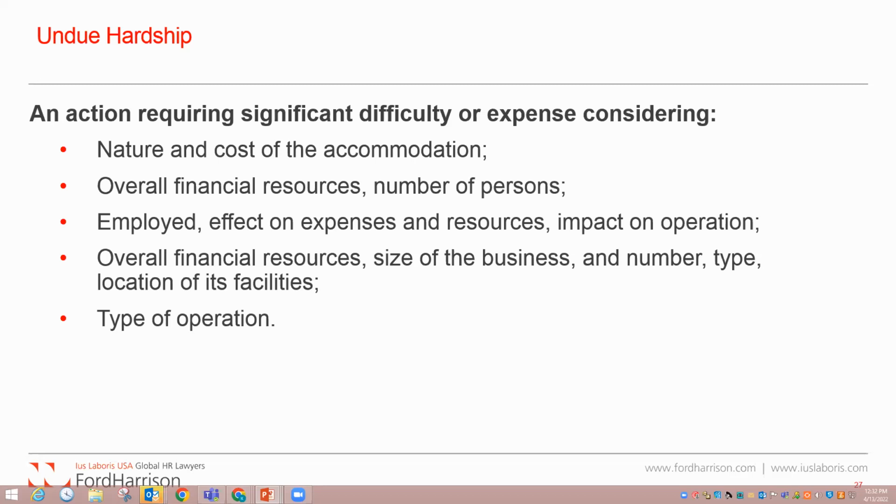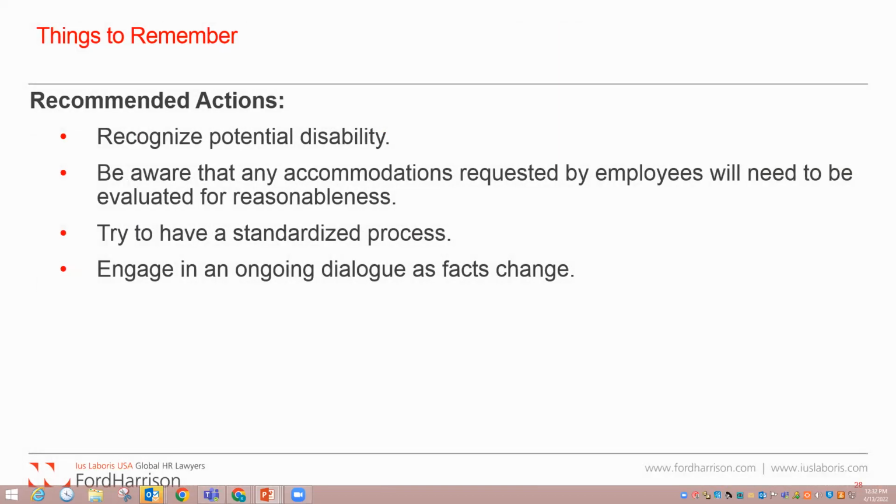So the last thing, the kind of things to remember: recognize a potential disability. Try establishing a standardized process for the interactive process and for handling accommodations. It is a great idea to have a leave administration person who is familiar not only with the ADA but also with the FMLA.